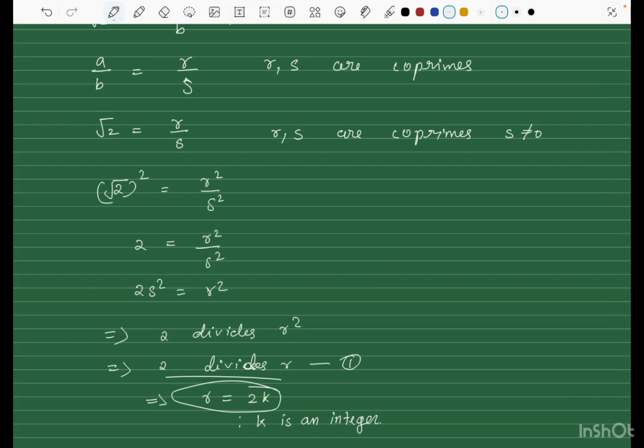Put the value in, let's take it as statement a. So put r is equal to 2k in a, we get 2s square is equal to r square, that is 2k square.